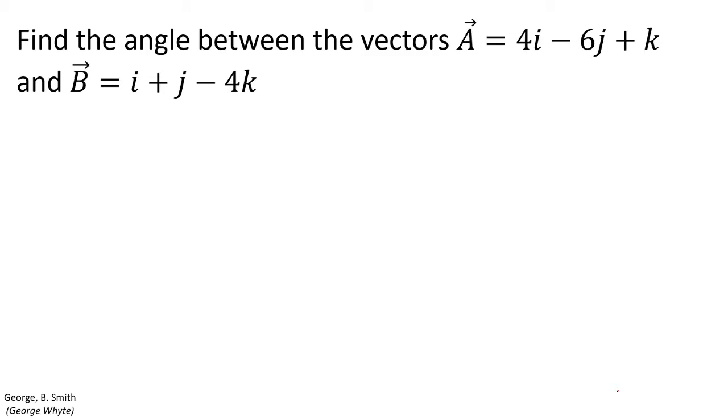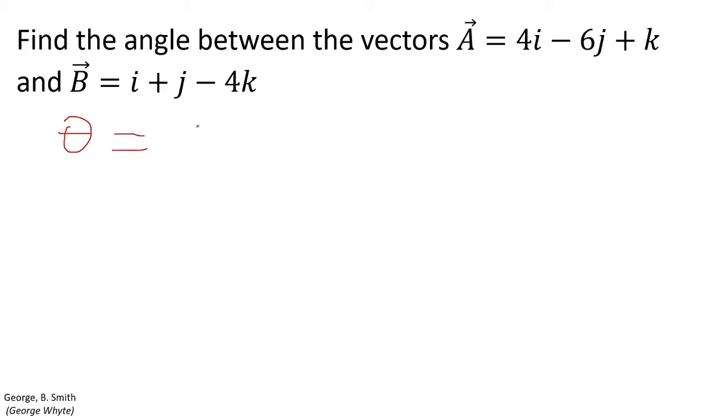Here we have this example. We are asked to find the angle between the two vectors, the first one being 4i minus 6j minus 4k, as you're seeing. According to the formula, first we should state it so we know what we are meant to do.